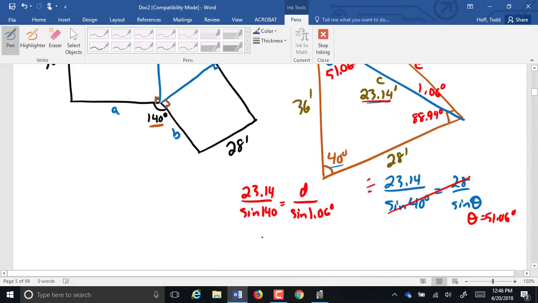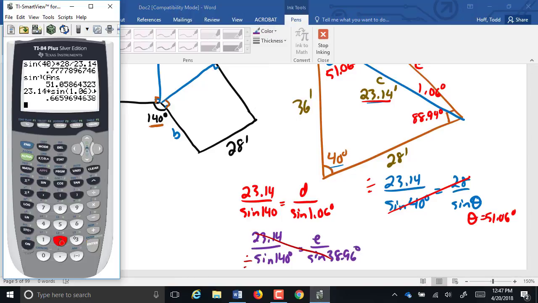E, 23.14 over the sine of 140 degrees equals E over the sine of 38.94. So we'll cross multiply and divide there. 23.14 times the sine of 38.94, gotta close my parentheses, divided by the sine of 140. 22.64.